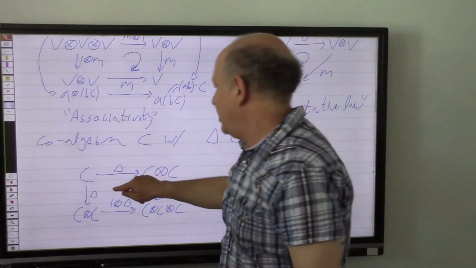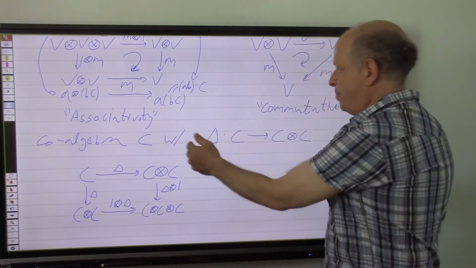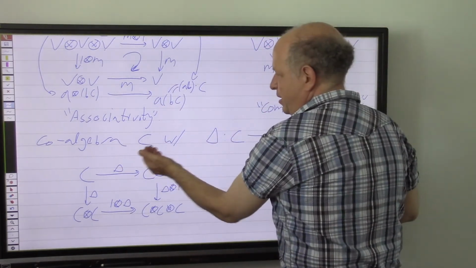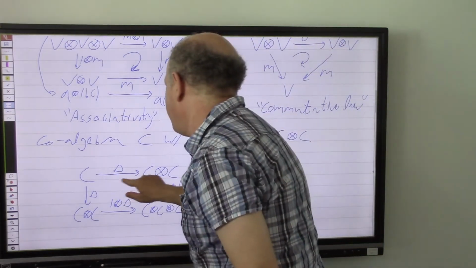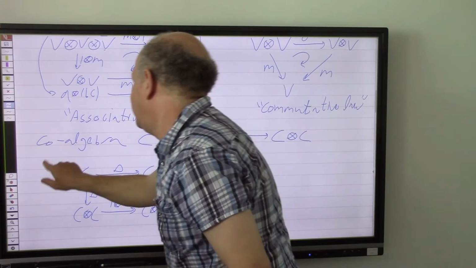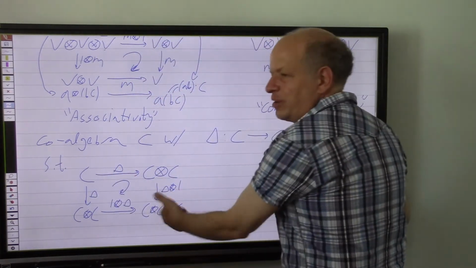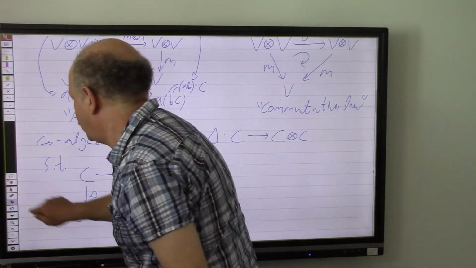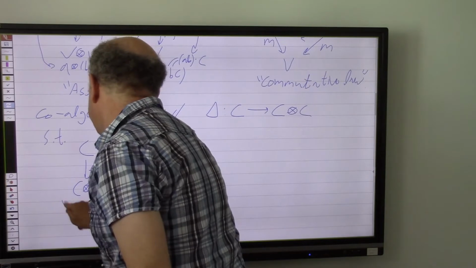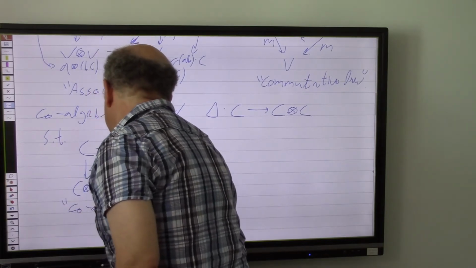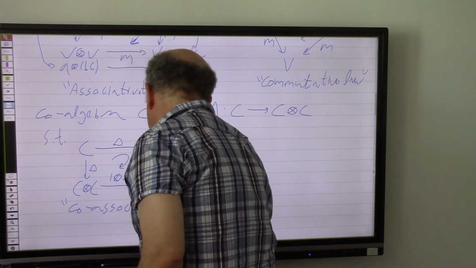So a coalgebra is a vector space along with a map delta, such that this diagram is commutative, and the commutativity of this diagram is called the co-associative law for the co-algebra.